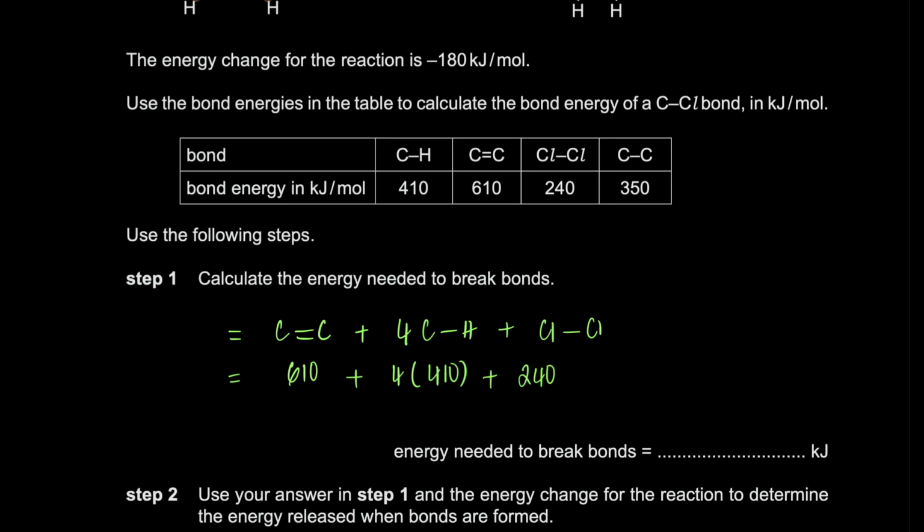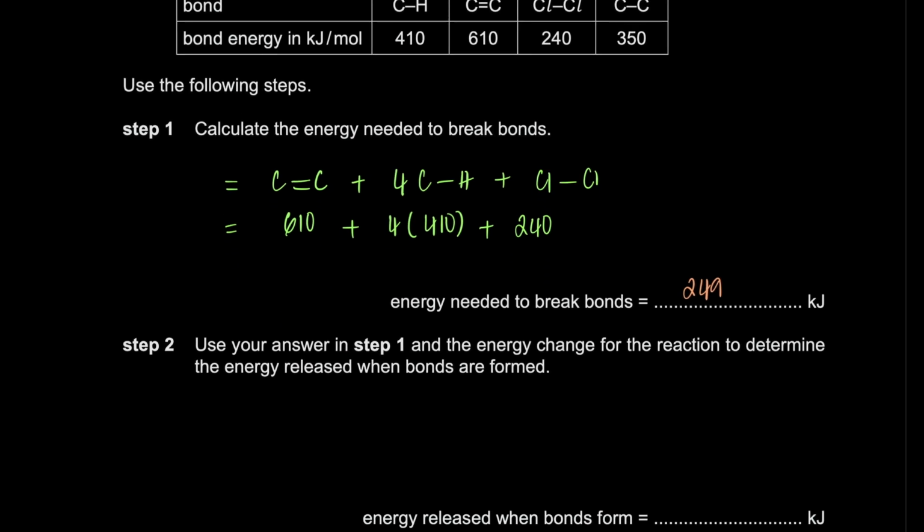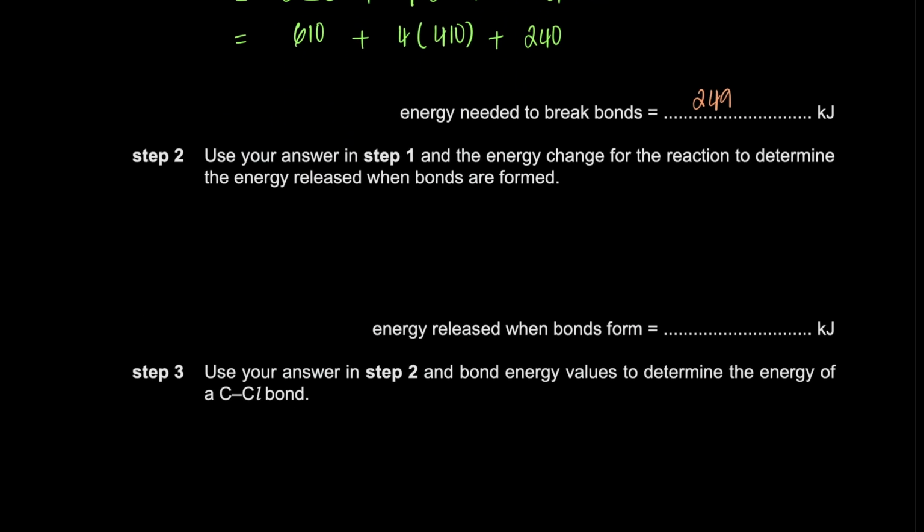And the total is 2490. Okay, moving on. Use your answer to step 1 and the energy change for the reaction to determine the energy released when bonds are formed.